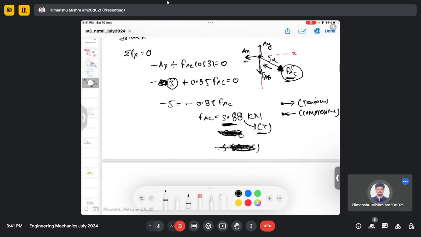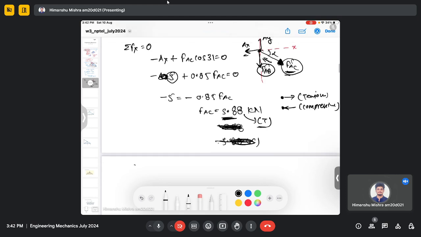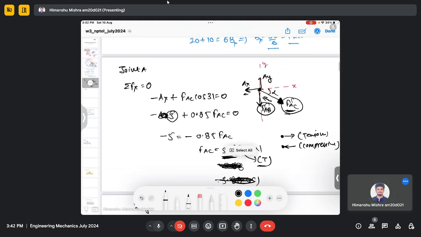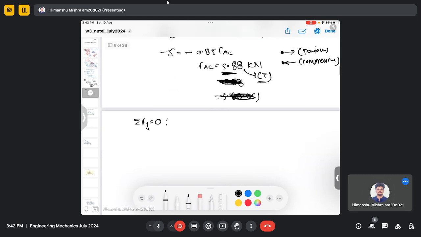Now we can find another unknown force, which is force AB. So now we do the force balance analysis in the y direction, and we will have Ay minus force AB.